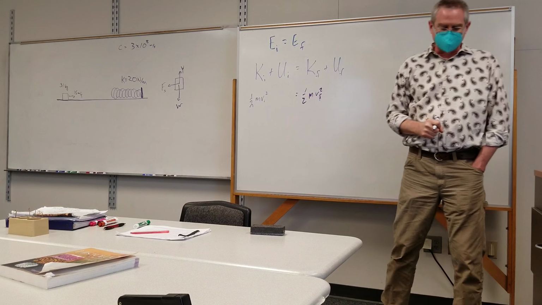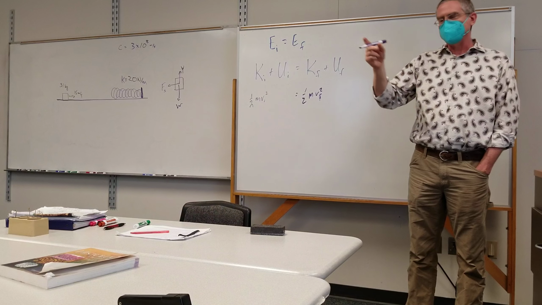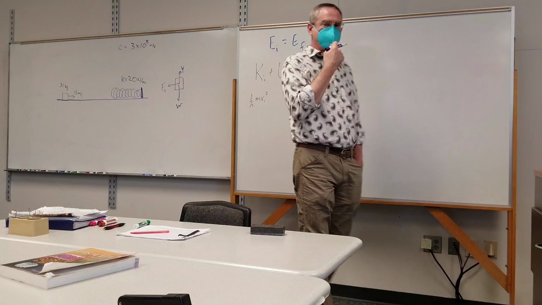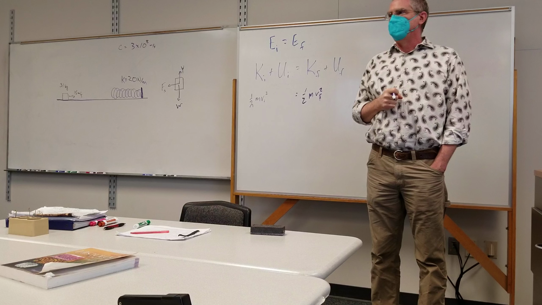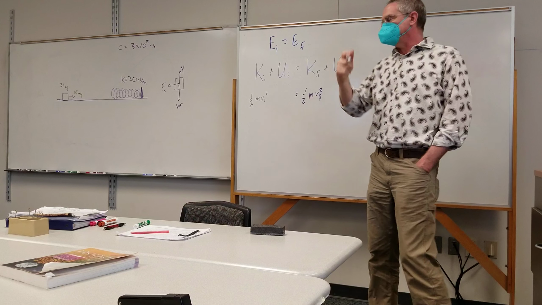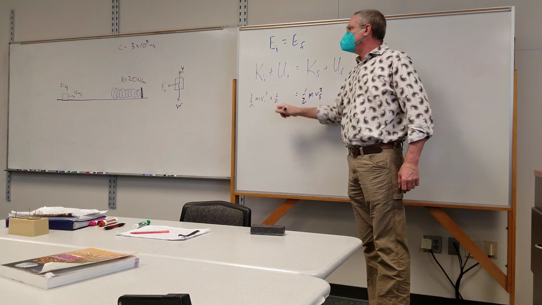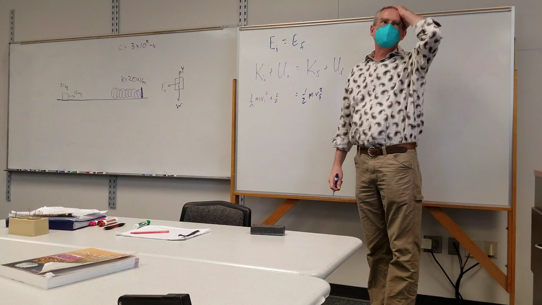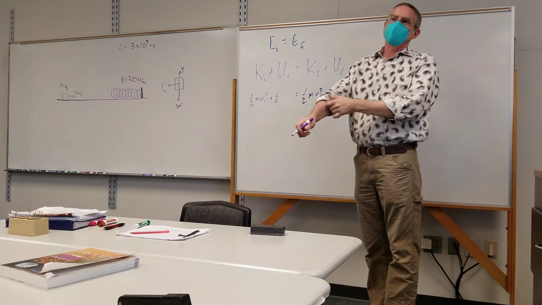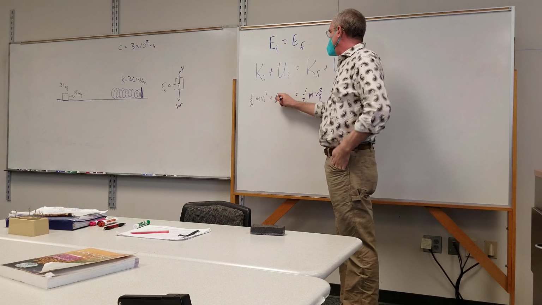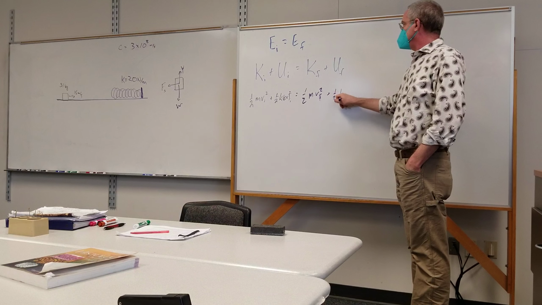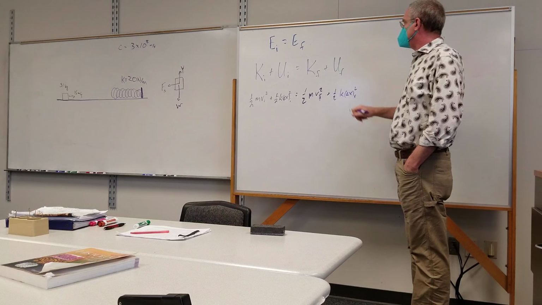All right, so I got 1/2 mv squared initial. What's the formula for potential energy? The one associated with the spring force. 1/2 K times the displacement squared. Yes, sorry, there was no vector symbol over it, so I apologize. 1/2 K delta x squared initial, plus 1/2 K delta x squared.